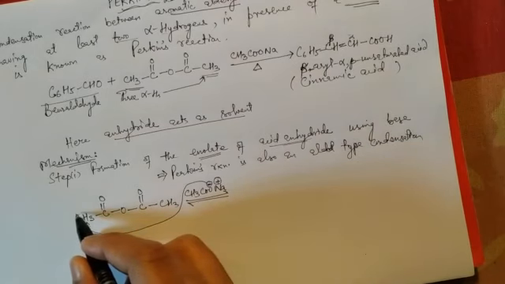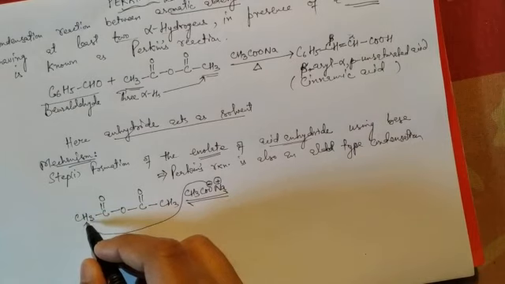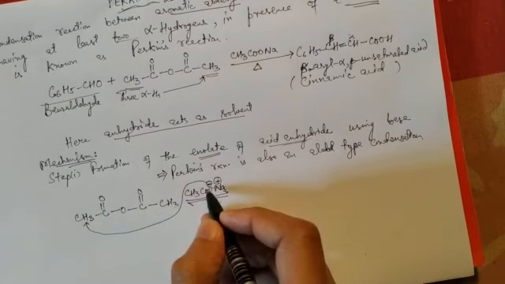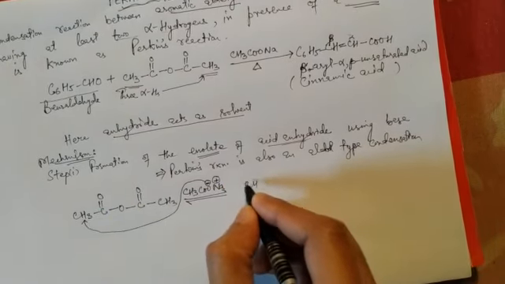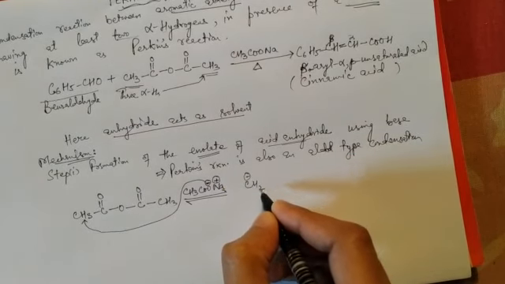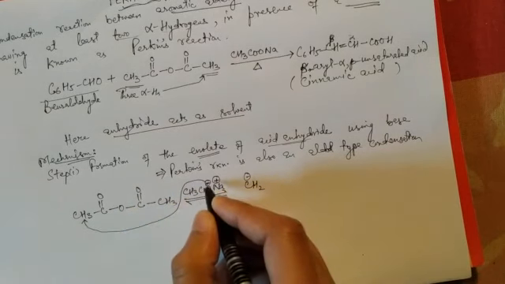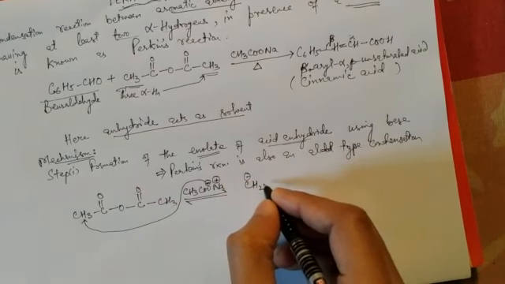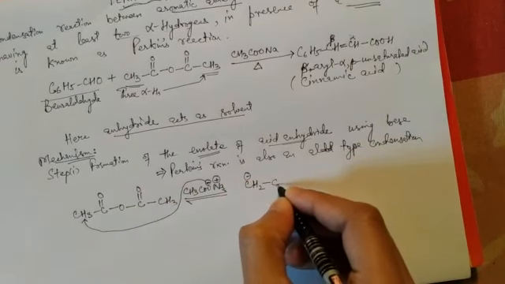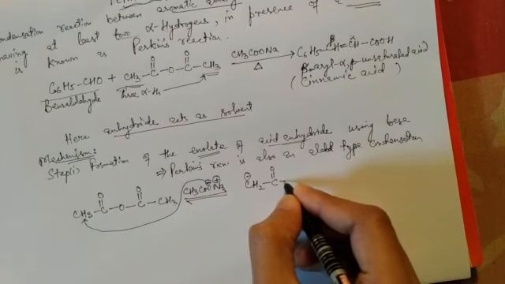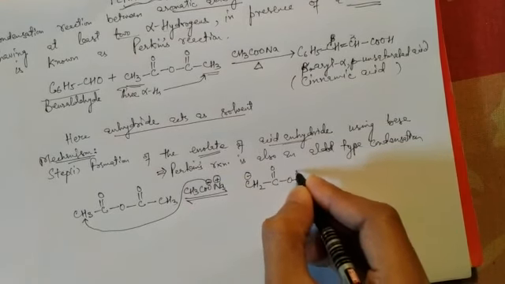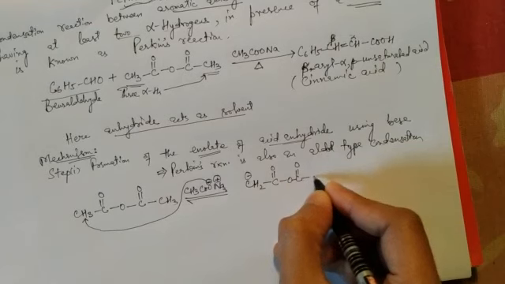Now negative charge will be generated on this carbon because H is abstracted by the base. So negative charge on the carbon, and we are left here with 2 hydrogens because 1 has been abstracted by the base. So CH2COO, C double bond O again and CH3.